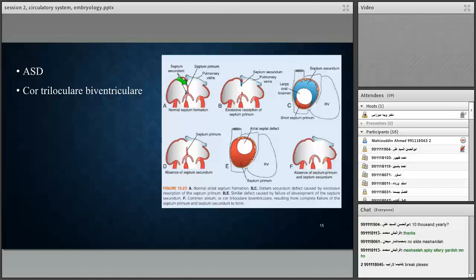And also here we can see that, for example, in this part, the septum secundum has some problems, but in other form, it's because of expanded cell death, and we can see a big ostium primum in this side.